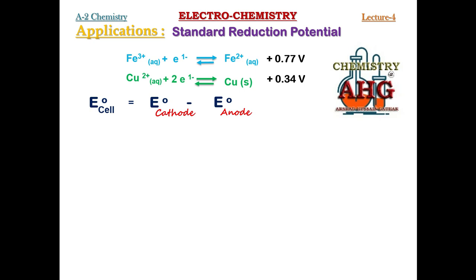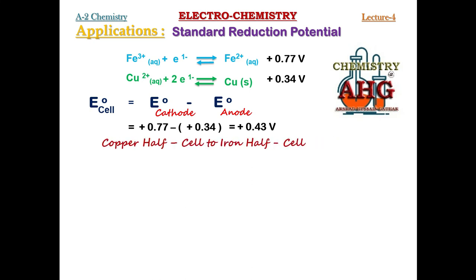This time it is iron, so iron would be cathode where reduction takes place, and copper is the anode where oxidation takes place. So it would be plus 0.77 minus plus 0.34, which gives plus 0.43 volts. And the direction of flow of electron in this example is from the anode, the copper half cell, to the iron half cell.